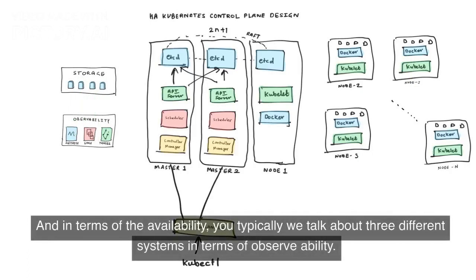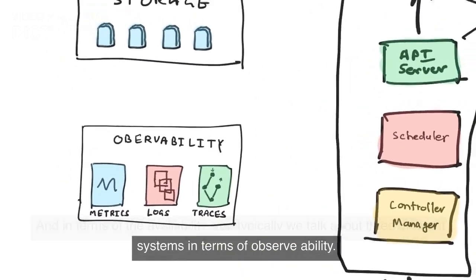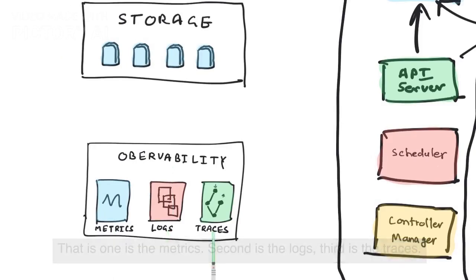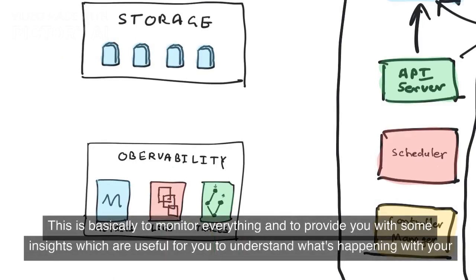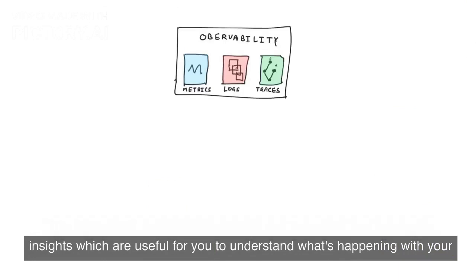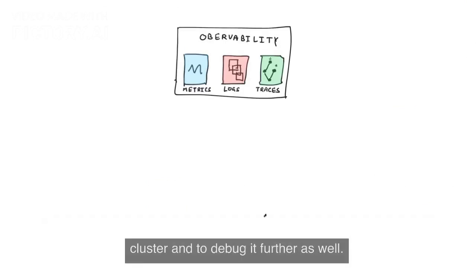And in terms of observability, we talk about 3 different systems: one is metrics, second is logs, third is traces. This is basically to monitor everything and to provide you with insights that are useful to understand what's happening with your cluster and to debug it further.